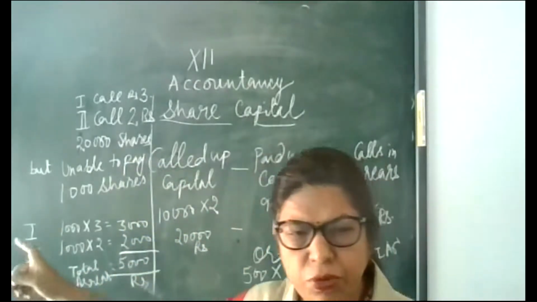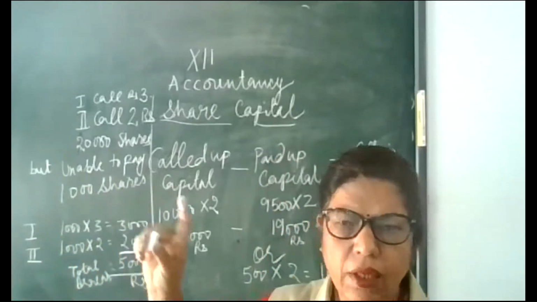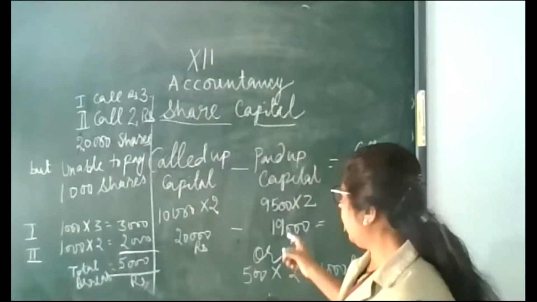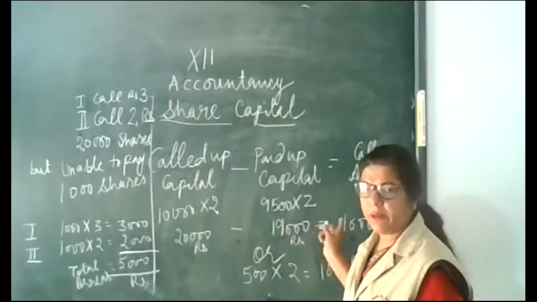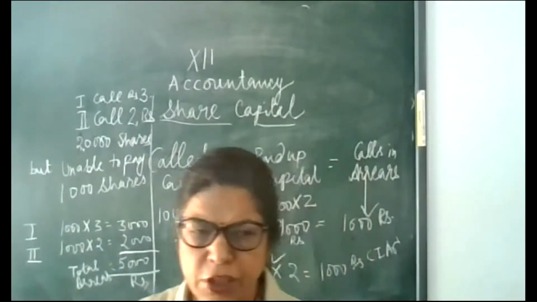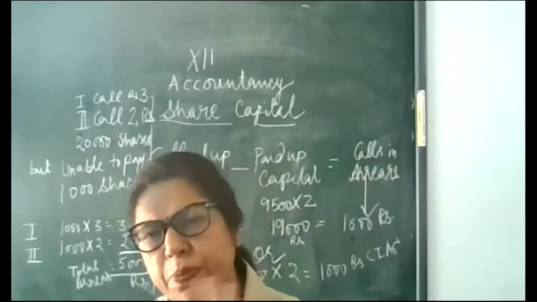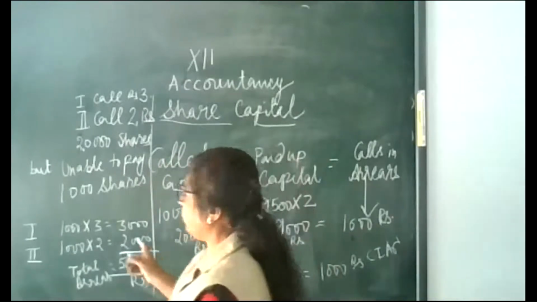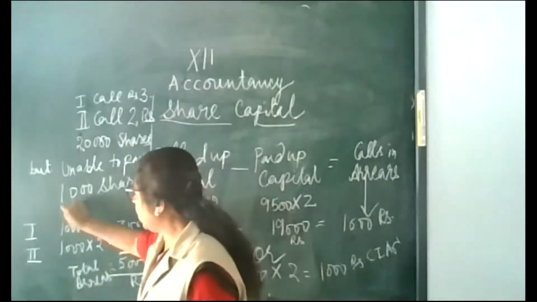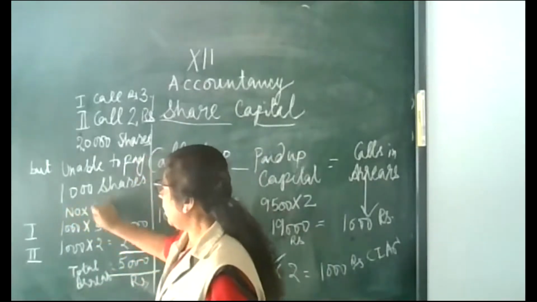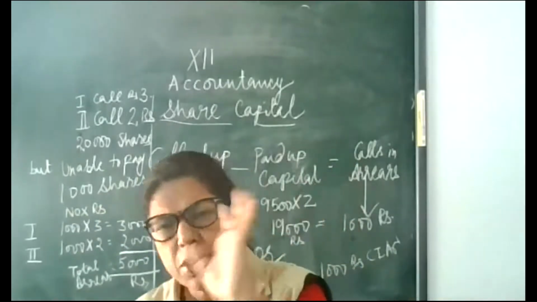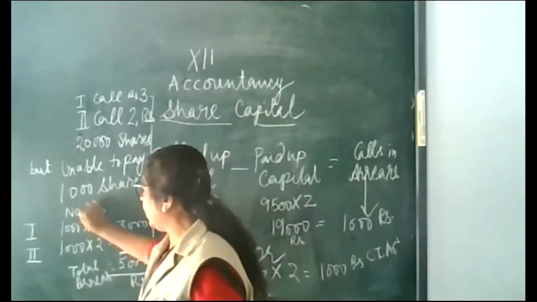I am sure you will find that method easy, because the other will be a little bit tricky for you. So what to do? Number of shares into rupees. I am going to give you one formula. Look at this board please. Numbers into rupees. This formula we can use at every step in the shares.